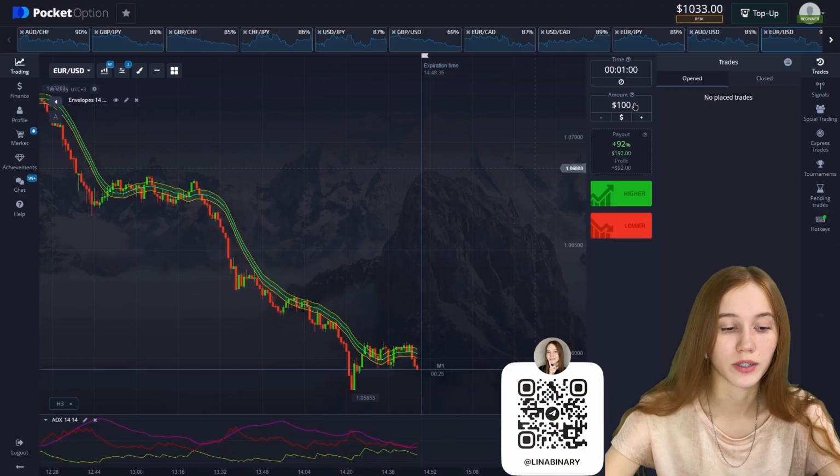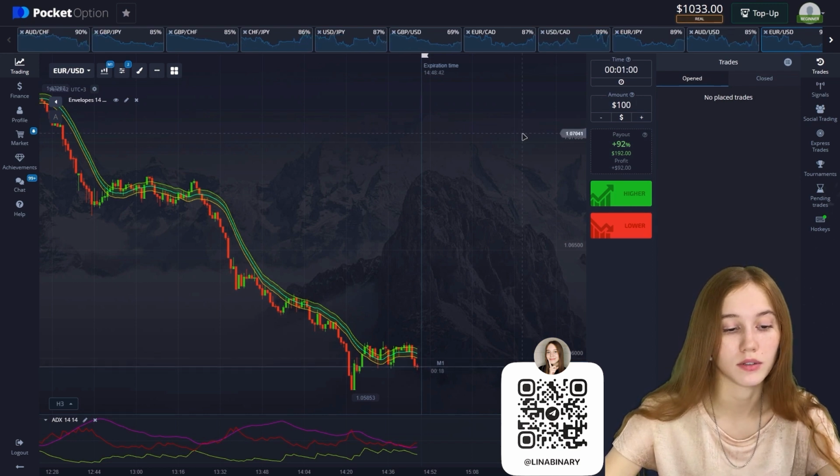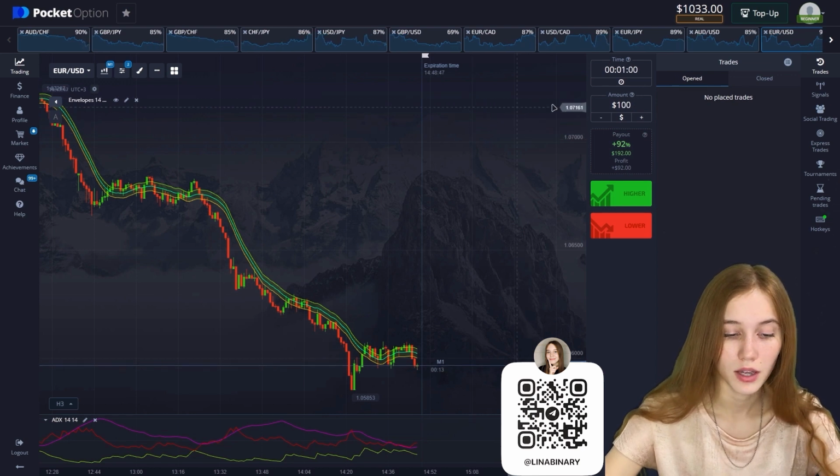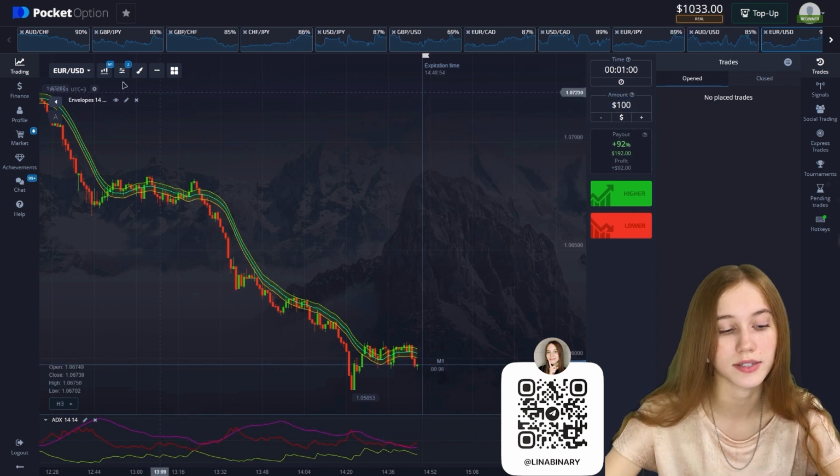Let's summarize it. We started with $100 and now it's more than $1,000, so we increased our balance almost 10 times. We traded for 1 minute and the amount of each deal is $100, and with the help of 2 indicators we traded today.